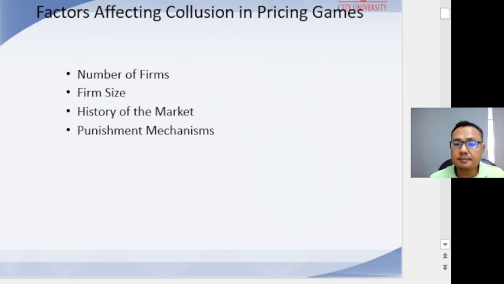Alternatively, firms might not meet at all, but instead gain an understanding over time of the way the game is played, and thus achieve tacit collusion. So tacit collusion occurs when the firms do not explicitly conspire to collude, but accomplish collusion indirectly. So for example, in many instances, firms learn from experience how other firms will behave in a market.